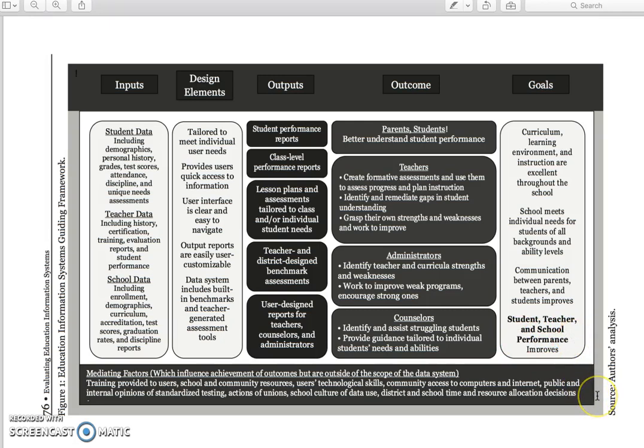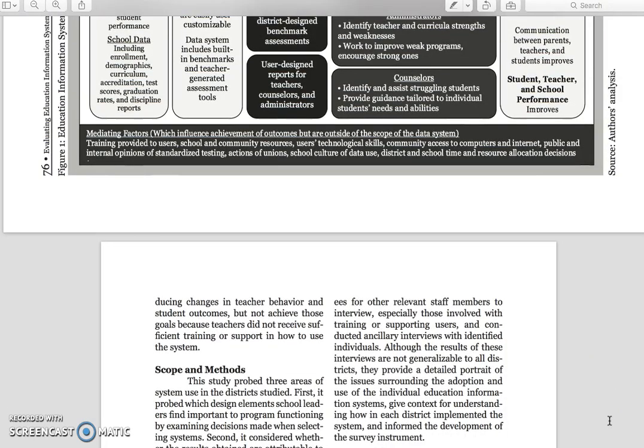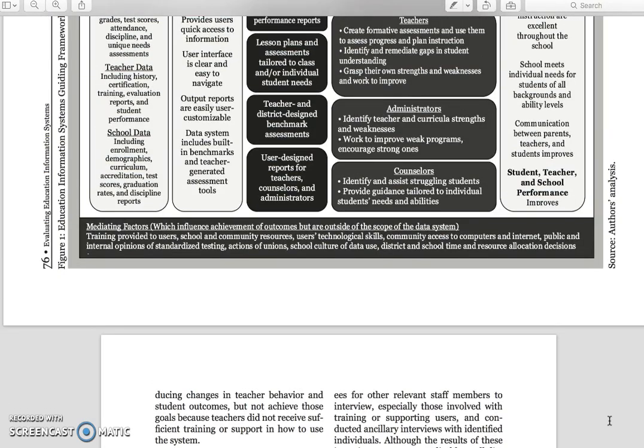So again, I hope you find this framework useful and use it as a tool for you to make sense of the concept of education information system. So this is one thing I want to point out to you.